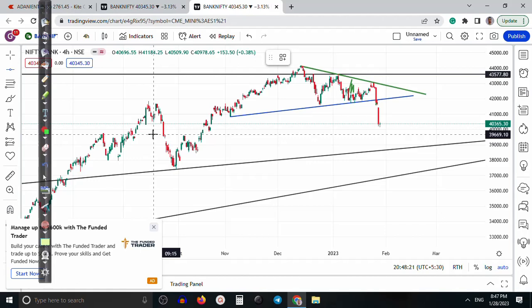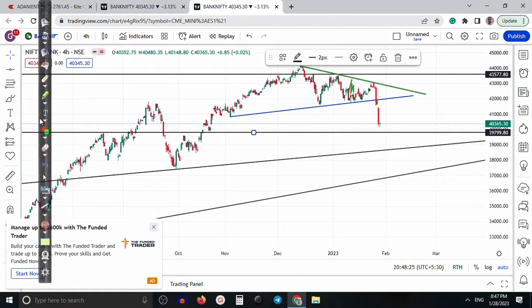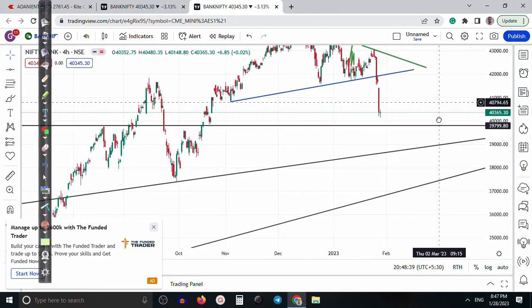So first we will use a horizontal line. I'd like to connect the most important levels, this one. This is the rejection point, and another rejection point, and another rejection point. And another way is to use Fibonacci. Let me use the Fibonacci. I think you people know how to use Fibonacci.